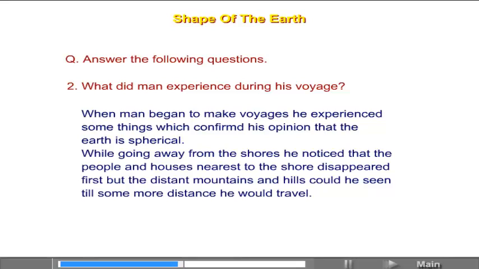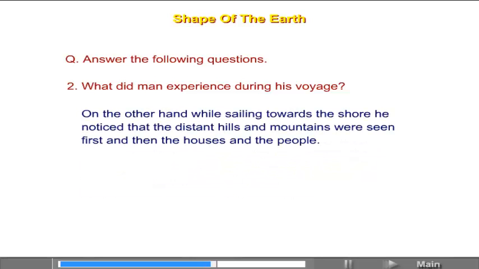While going away from the shores, he noticed that the people and the houses nearest to the shore disappeared first, but the distant mountains and hills could be seen till some more distance he would travel. On the other hand, while sailing towards the shore, he noticed that the distant hills and mountains were seen first and then the houses and the people.